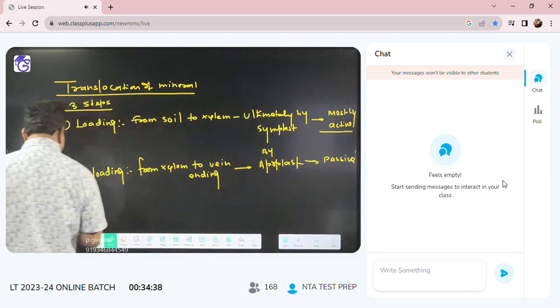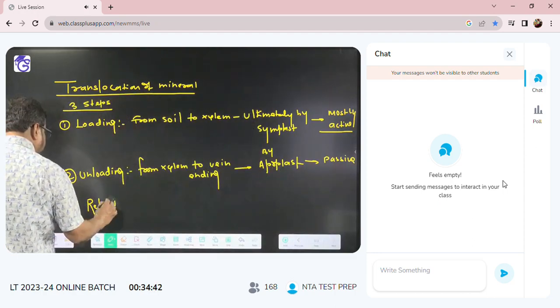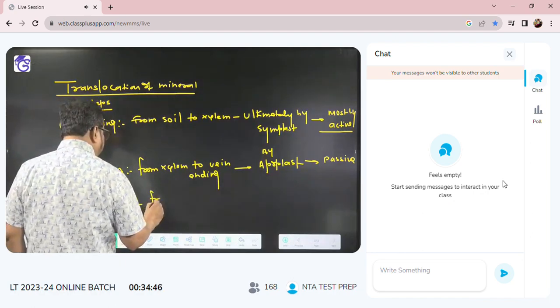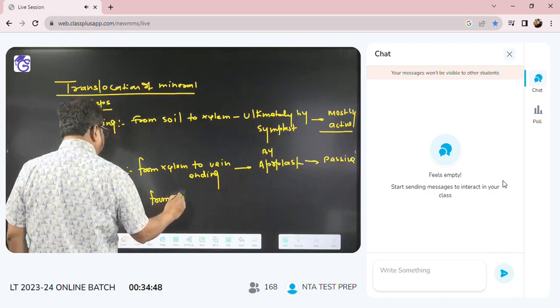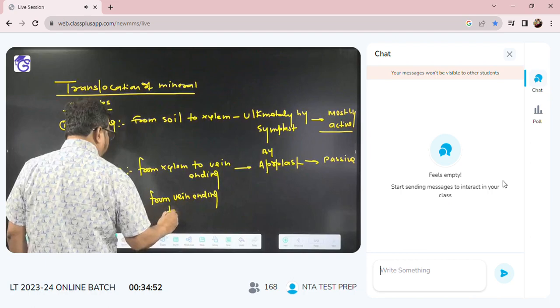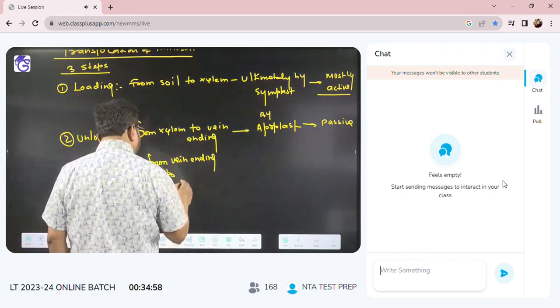Third is reloading, from vein ending to mesophyll cell.